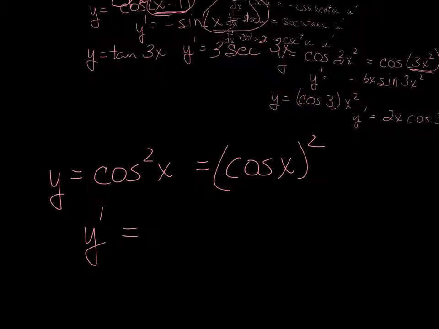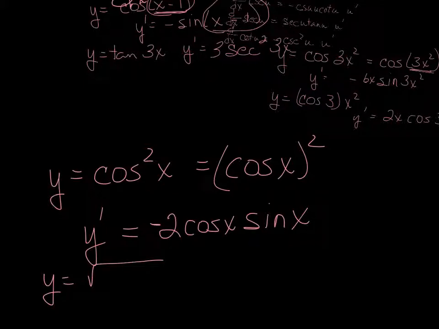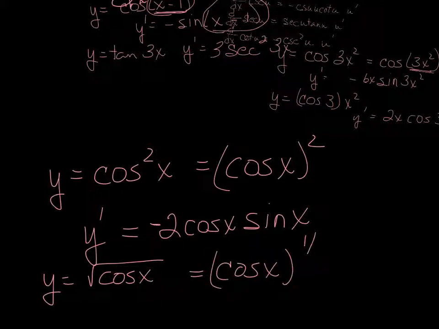So the derivative of the outside is twice the cosine of x to the first power times the derivative of the inside, which is negative sine x. Same thing if you had y equals the square root of the cosine of x. That's the same as cosine x to the 1/2. And here you would have to use the chain rule.